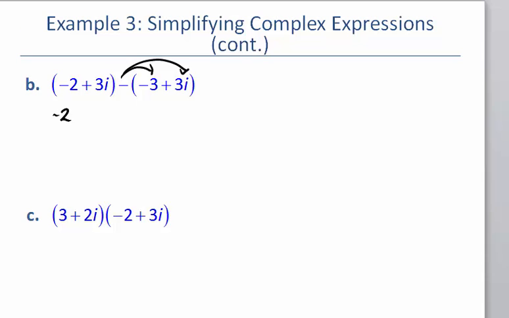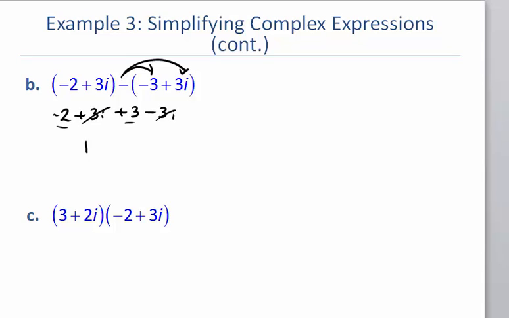So we would have negative 2 plus 3i plus 3 minus 3i. Okay, and again, we're going to combine like terms, so we will combine the real parts, the negative 2 and the 3, making 1. And when we combine the imaginary parts, the 3i and the negative 3i, those actually cancel out, and so all we're left with is the 1.